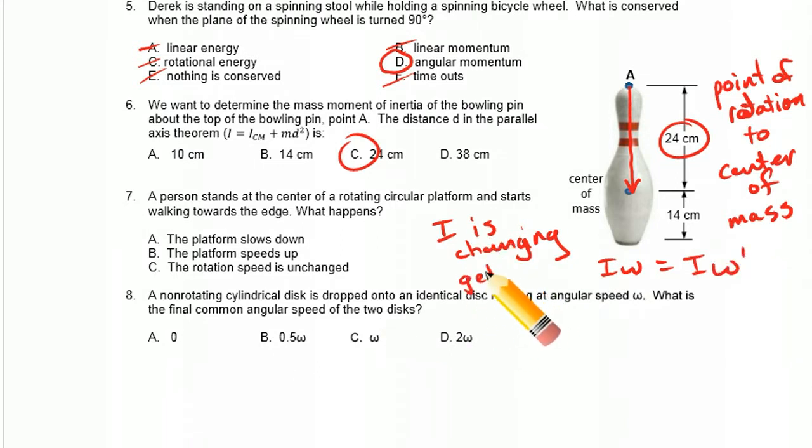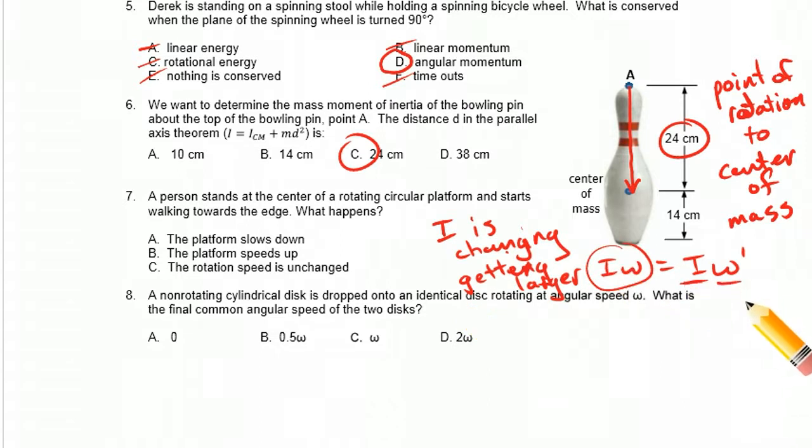I is actually getting larger as you walk away. So to have the same initial angular momentum, omega prime has to get smaller. So the platform slows down.